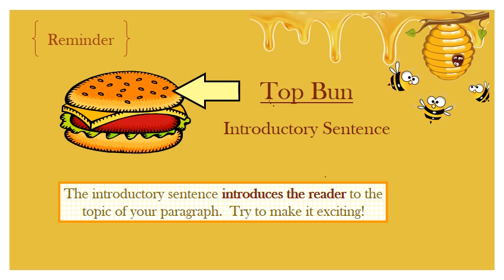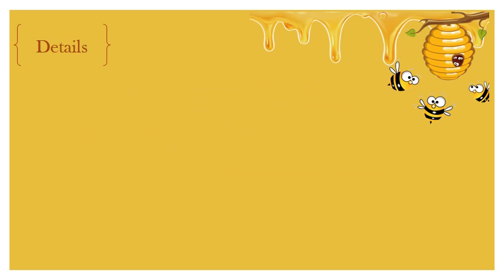But the main sentence that we have to start the paragraph with is the topic sentence, because it introduces the reader to the topic of your paragraph, and you have to try to make it exciting, okay? So the first part of the paragraph is the topic sentence, and it is the top bun in the hamburger sandwich.